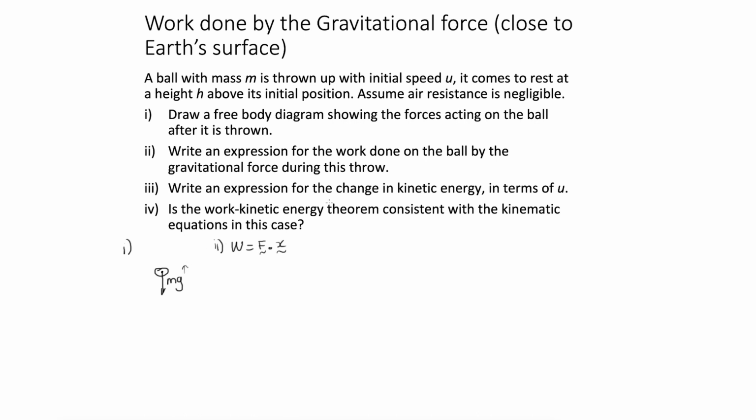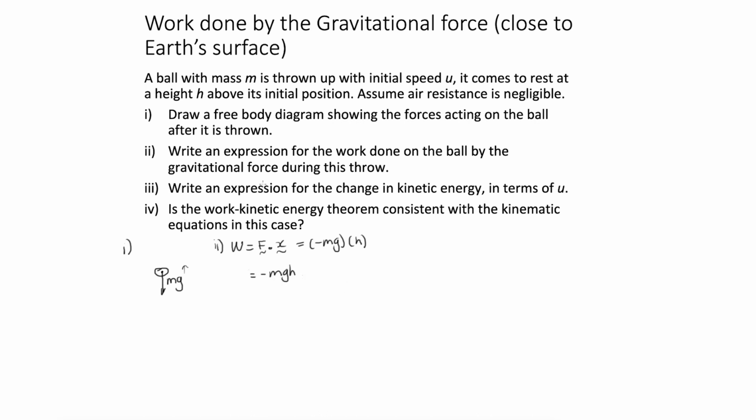It's moving up a height h above its initial position, so the displacement is given by plus h. So this is equal to minus mg times h. Now the minus is because the weight is down, in the opposite direction to the displacement. So the work done on the ball is equal to minus mgh.